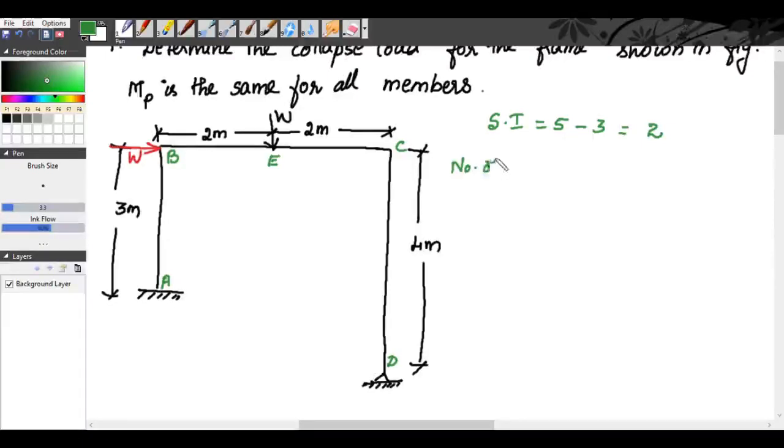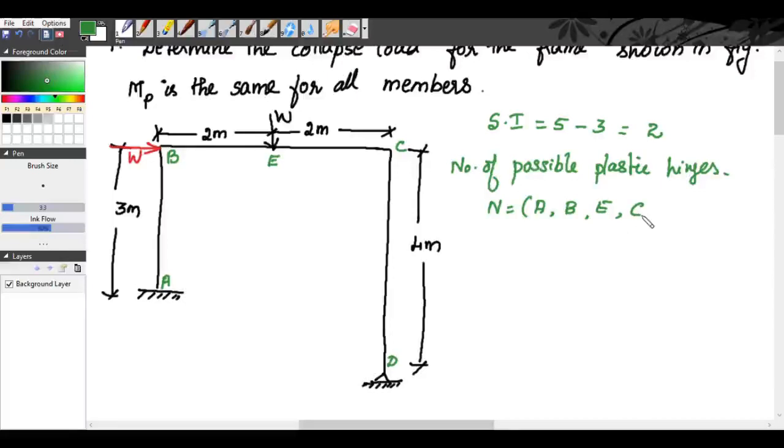Now, the number of possible plastic hinges. Possible plastic hinges can be at A, then at B. A is a fixed support. At B there are 2 reasons: one is a concentrated load acting, and the other is that it is a rigid joint. Then at E, a concentrated load is acting.